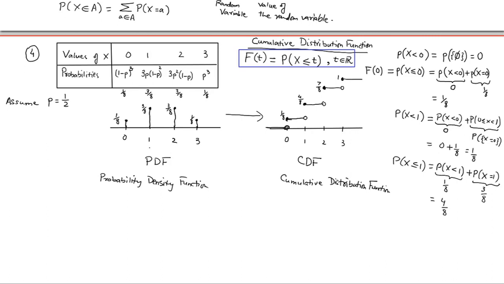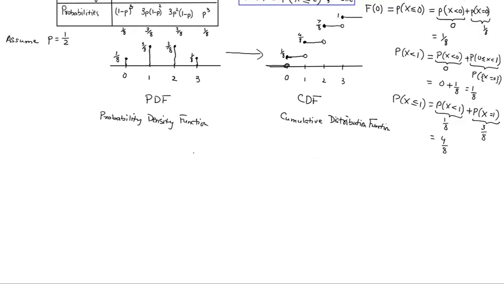And did you notice that we arrived at the CDF by using the probability density values? 1 over 8, 3 over 8, plus 3 over 8, plus 1 over 8, right? We added the probability density values to get the cumulative distribution function. And therefore we can go back as well.